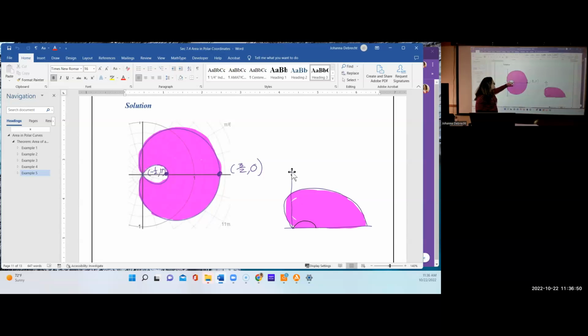So it doesn't want to include the area in the inner loop. That's why it's still white. But it does want all the area inside the Riemann Sum. Now, because the Riemann Sum is symmetric with respect to the polar axis, we're able to sort of cut it in half and compute the area of half of it, and then we'll double it.